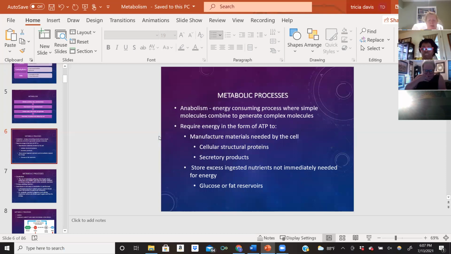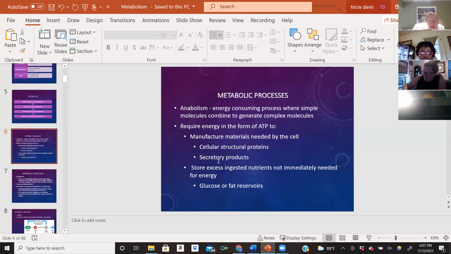So anabolism is a process that involves molecules combining together to generate complex molecules. In order for anabolism to happen, it requires energy in the form of ATP. It can manufacture materials that are needed by the cell. It can make cellular structural proteins.